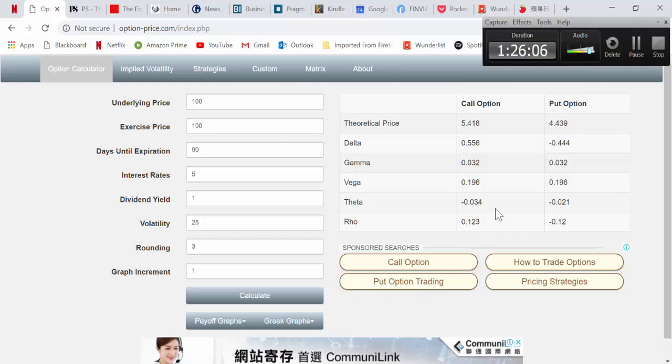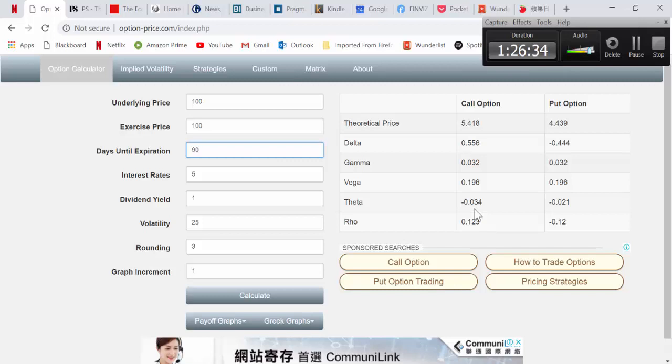Now, if you divide this price of $5.40 by 90 days, you're not going to get this value here. You are not, because that's not theta, by the way. You don't just take an option price and divide by the number of days and say, okay, that's your theta. It's not like a coupon or accrued interest.